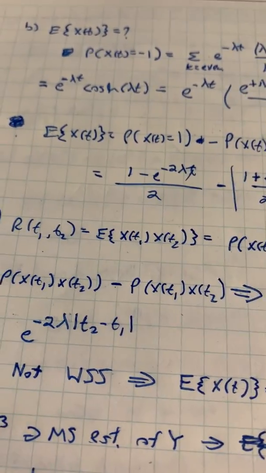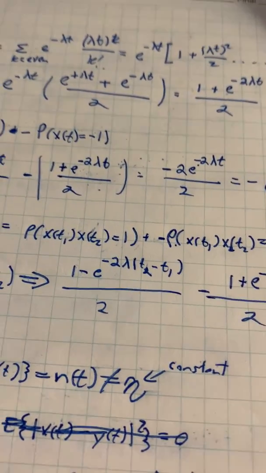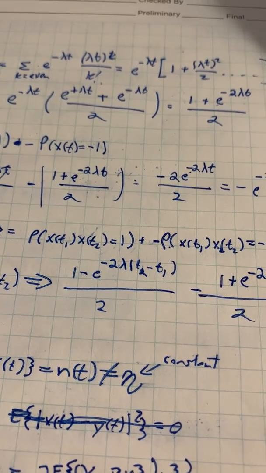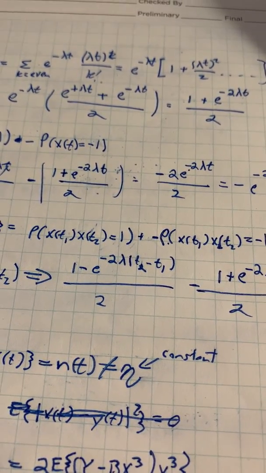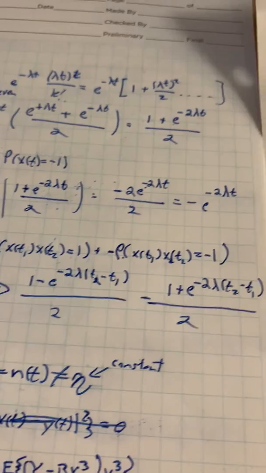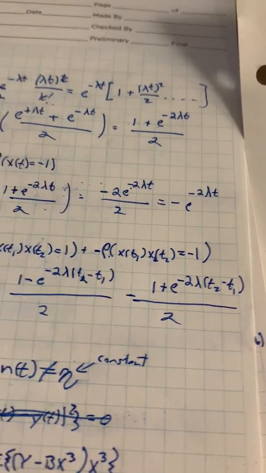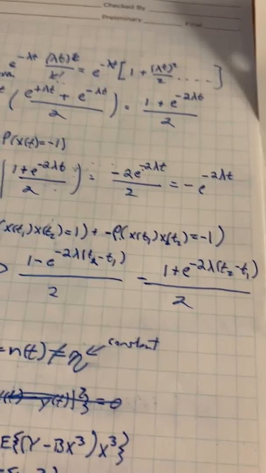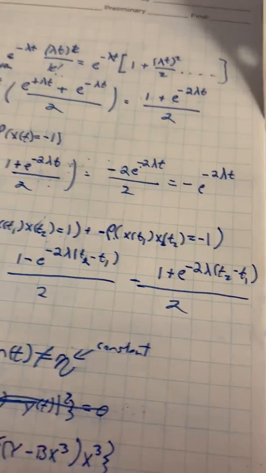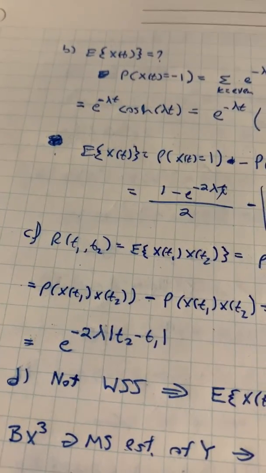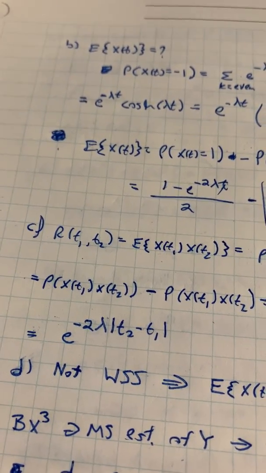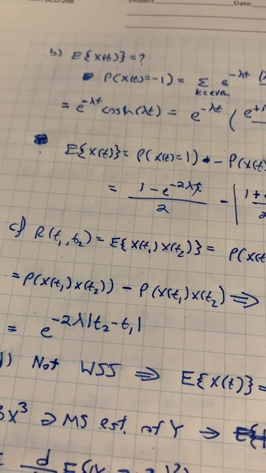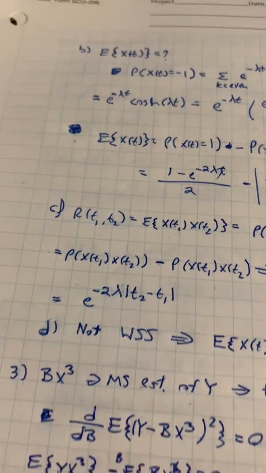So we rewrite it to just make it a minus. This leads to what we found previously. So it is the probability of x of t equal to 1 minus the probability of x of t equal to -1. We substitute t for t2 minus t1, and we do some math, and we get this result. That result is going to be valid regardless of whether t2 or t1 is larger.